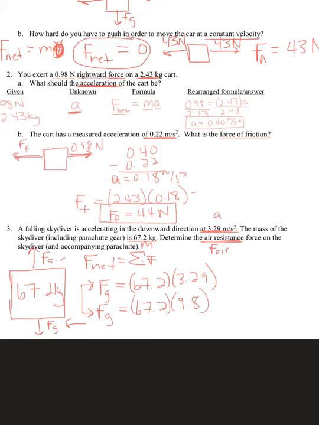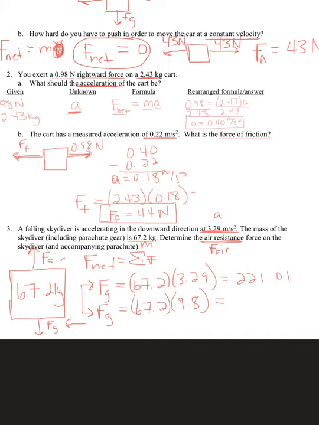Let's do it really quick. 67.2 times 3.29 equals 221.01. That's my measured force of gravity. And then I'll just do the same thing down here. 67.2 times 9.8.